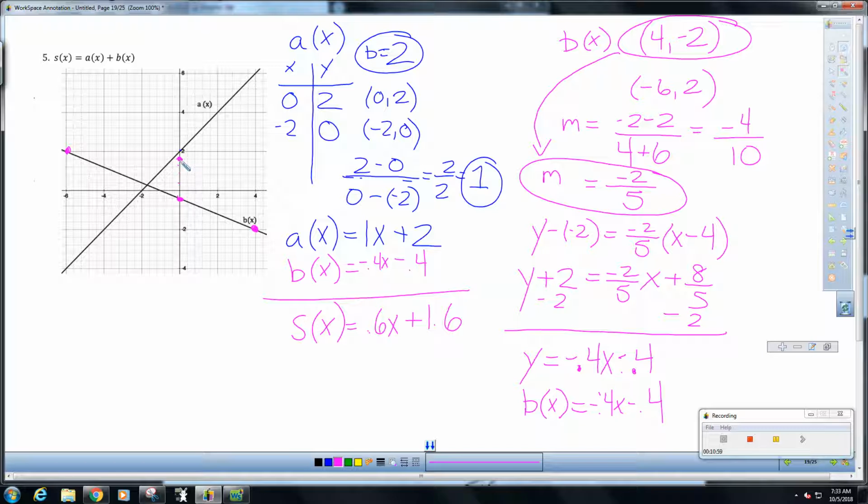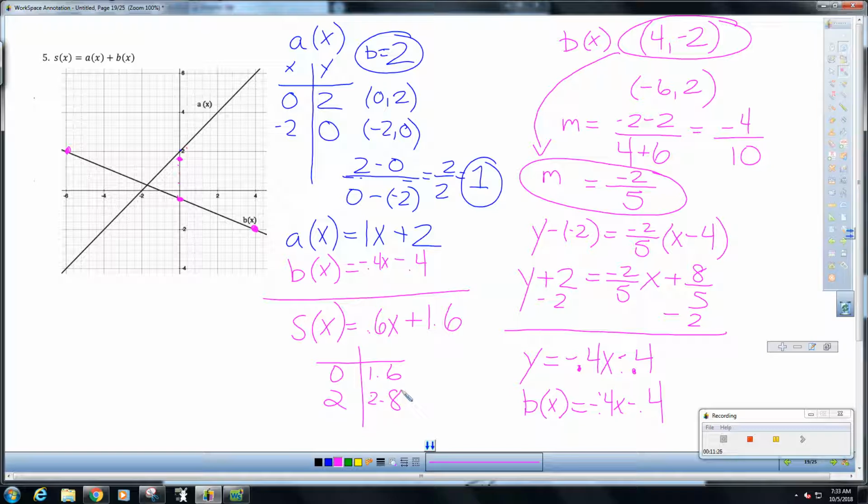And then if I go over 1, I'm going to go up 0.6, which is going to be here. Oh, that's not 1. Let's just pop in another point. So let's make a t-chart. If I put in a 0, I get a 1.6. If I put in a 2, I get 1.2 plus 1.6. You get 2.8.